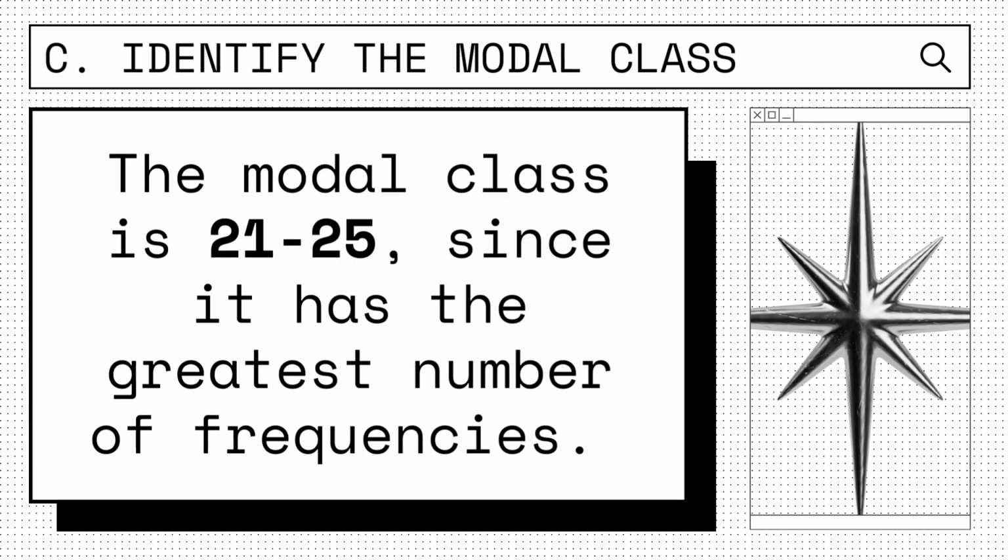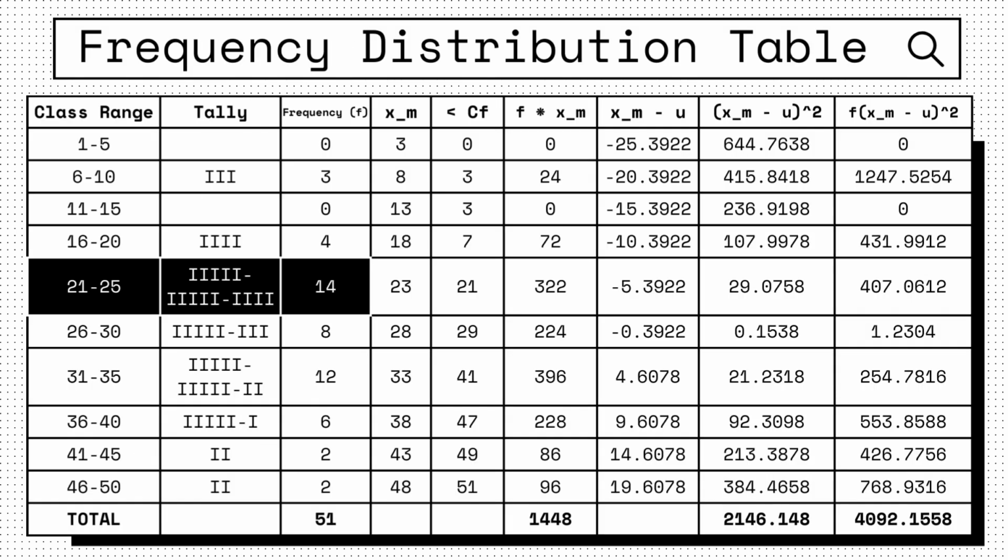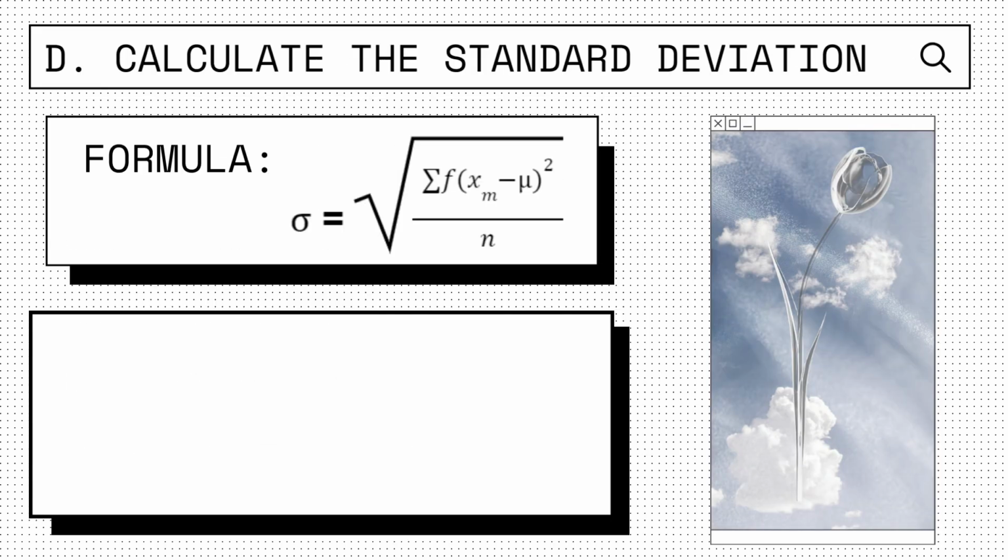Now, we will identify the modal class, which is 21 to 25, since it has the greatest number of frequencies, which is 14. Now, we must calculate the standard deviation, and we are going to use the formula square root of the summation of f times x sub m minus mean squared, all over n.